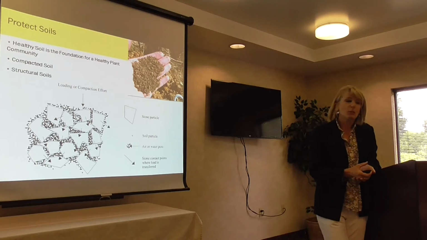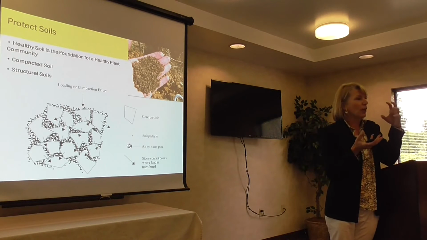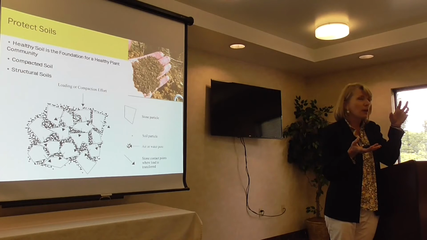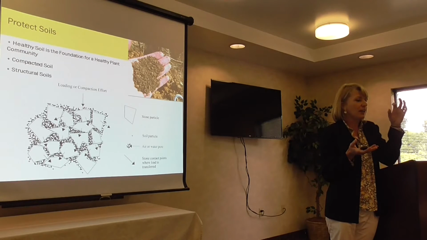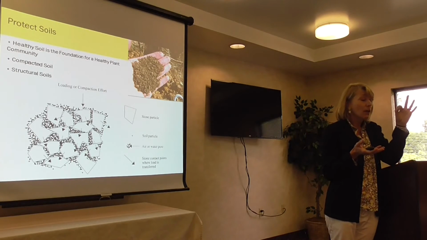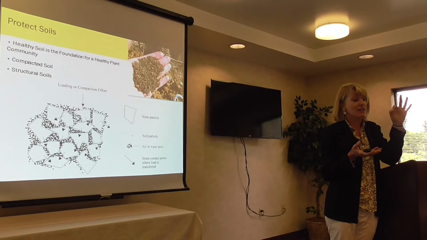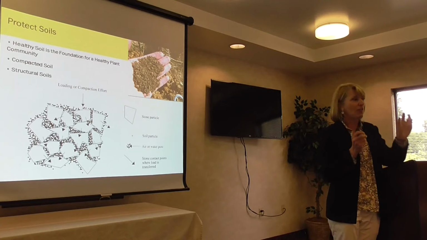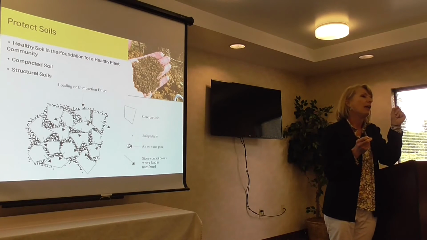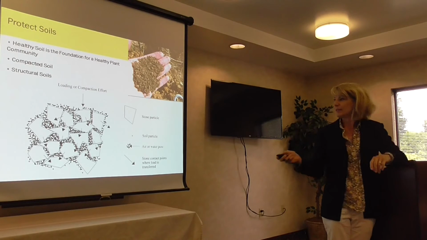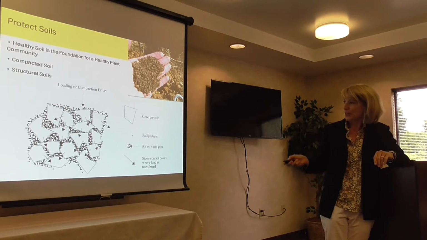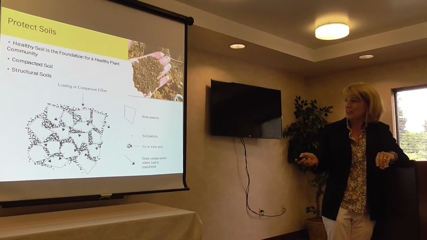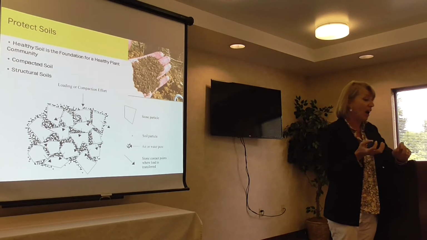Okay. And basically, if you look up CU soils, they have taken a certain aggregate size and an amount of organic matter that is very, very specific. This is a good diagram of what it is.